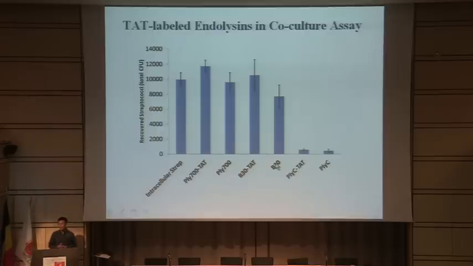But to our surprise, there is one endolysin, which turns out to be the wild-type endolysin PlyC, that shows the best efficacy. So the rest of my talk predominantly focuses on this wild-type PlyC endolysin: what is unique about it and why it can show this efficacy, whereas the other endolysins do not.